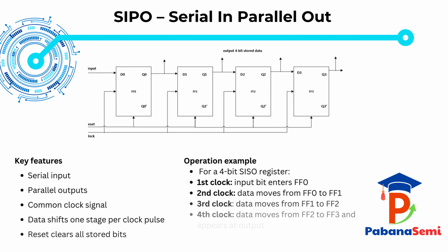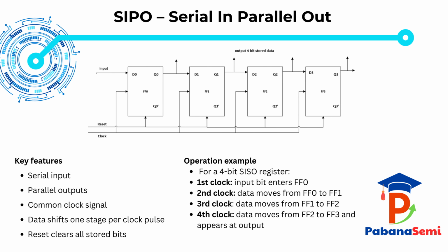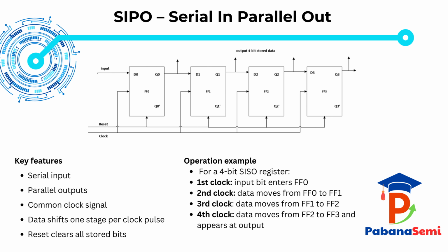This is a SIPO register, which stands for Serial In, Parallel Out. In this type of shift register, data enters one bit at a time through the serial input. Each clock pulse shifts the stored data from one flip-flop to the next stage. After several clock cycles, the bits stored in the flip-flops become available simultaneously at the outputs.